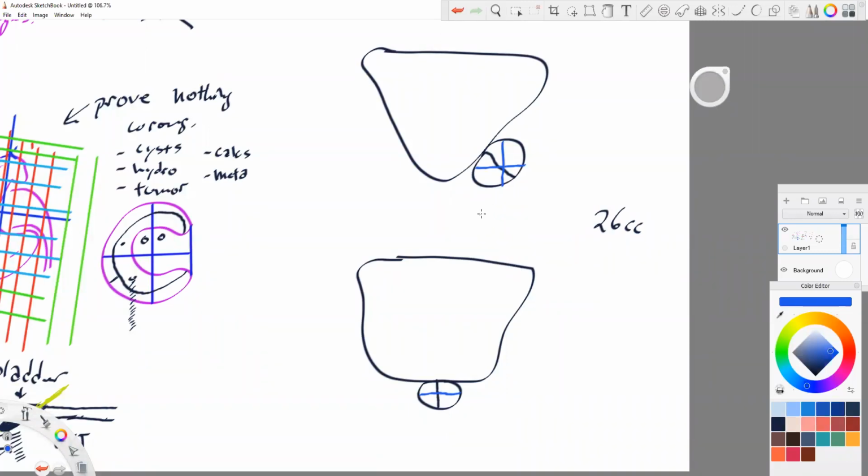That's okay, we're pretty much done. So anyways, if you take 3 orthogonal measurements, 26 cc's is about the highest that it is supposed to be. Beyond that, it starts to become enlarged. Let's see. That's really all I wanted to add. These things can grow to comical sizes.